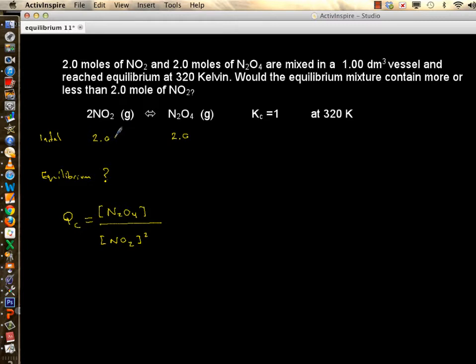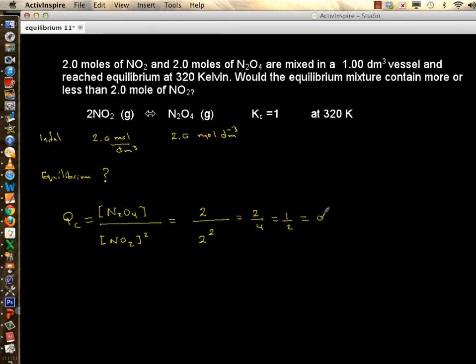So this is 2 mole per decimeter cube, and this is 2 mole per decimeter cube. So let's just plug it in.